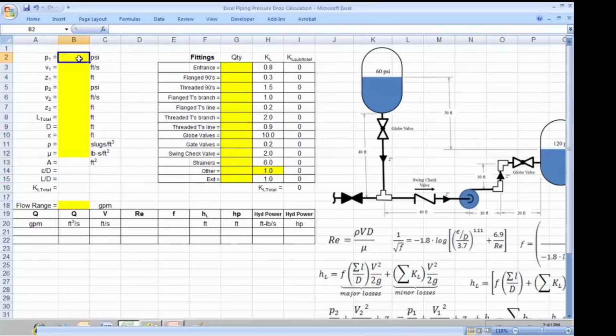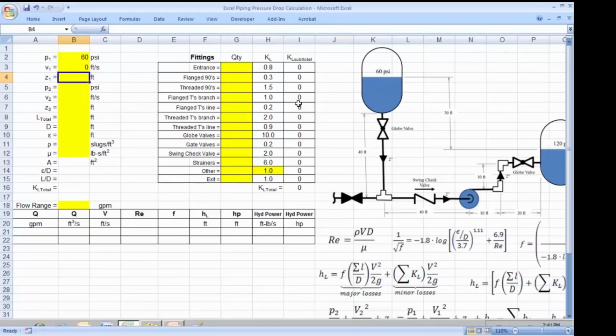So let's start off. I'm going to go ahead and enter in a lot of the numbers that we know from the problem, and then we'll put in the equations to be able to generate the stuff that is the point behind this. So we start with 60 psi at point 1 right here, and then the velocity at the beginning right here at what we're going to consider point 1 is going to be 0.